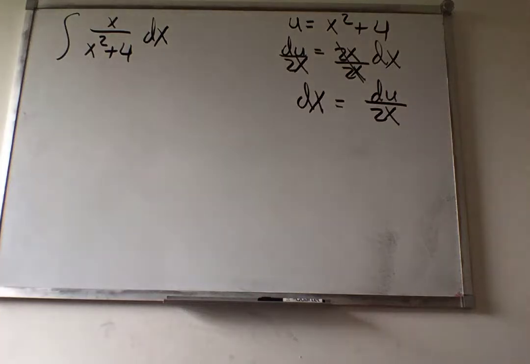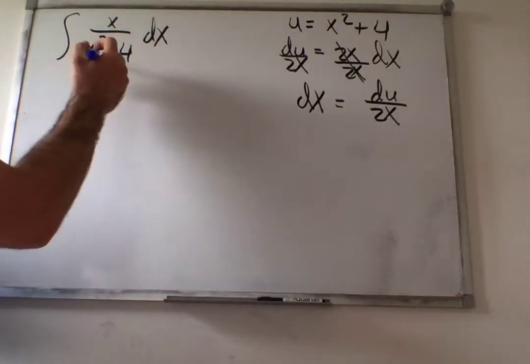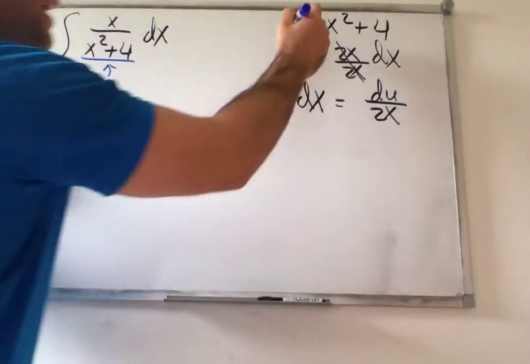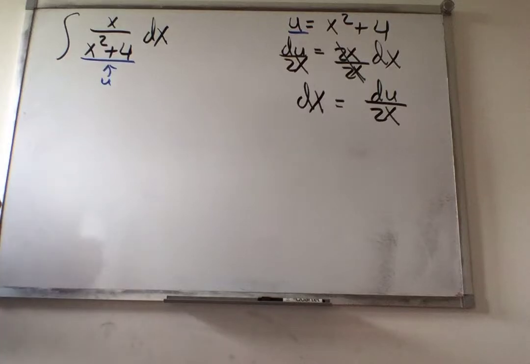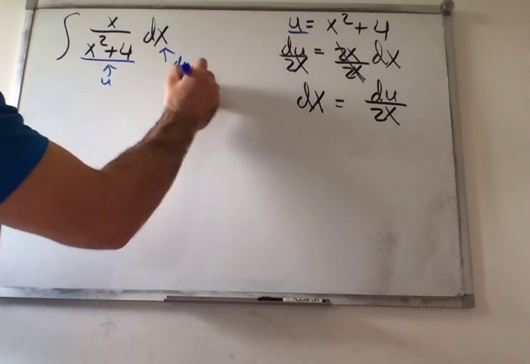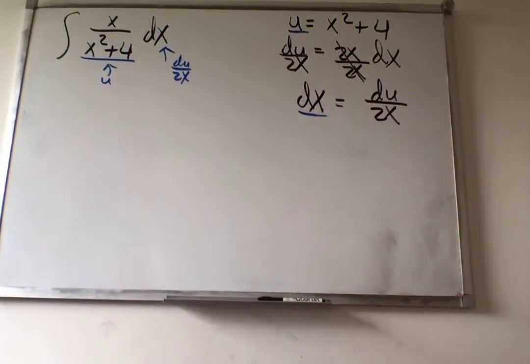And what I'm going to do now is, instead of x squared plus 4, I'm going to write u, because that's what u is equal to. And instead of dx right there, I'm going to write du over 2x, because that's what dx is equal to.